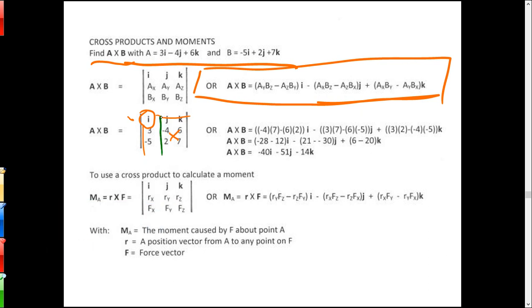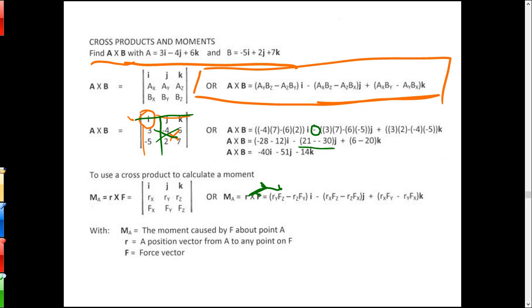Then we've got the j column, top row, cross what's left. Now, the important thing on this is there's a negative in there for the j component. You've got to remember that. And then you cross what's left, you're going to get 3 times 7 minus 6 times a negative 5. Okay, so you've got to remember that negative in there.